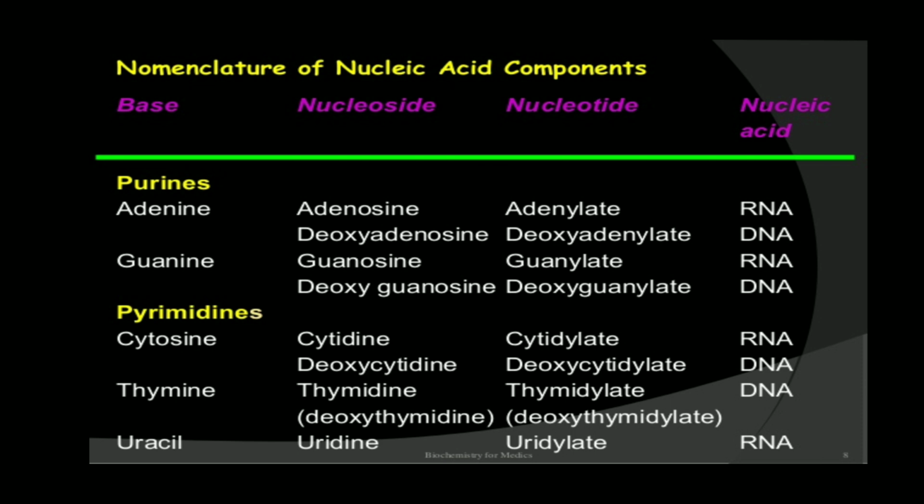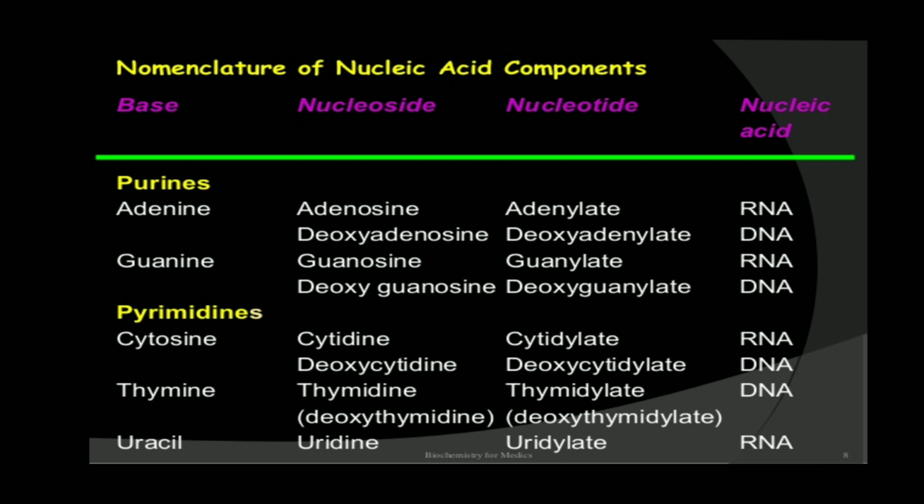Then we will talk about the pyrimidines. There are three different kinds of pyrimidines: cytosine, thymine and uracil. Cytosine, when it's in the nucleoside form, becomes cytidine, and when a phosphate group attaches, it becomes cytidylate, and it's found in the RNA only.